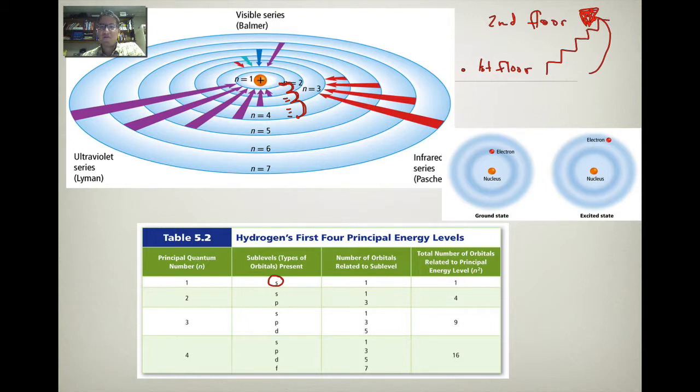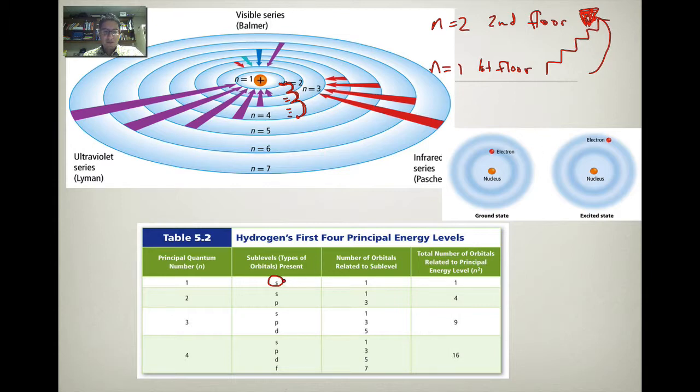Same here. To go from one energy level, n1, to n2, there are intermediate steps. And the higher energy you go, let's say from 4 to 5, the more intermediate steps there are.